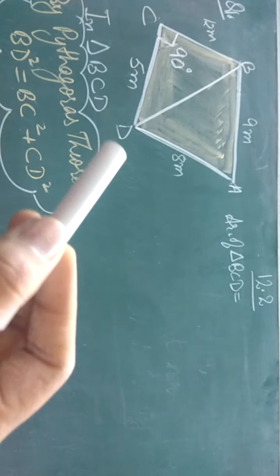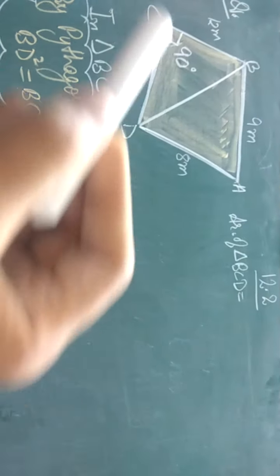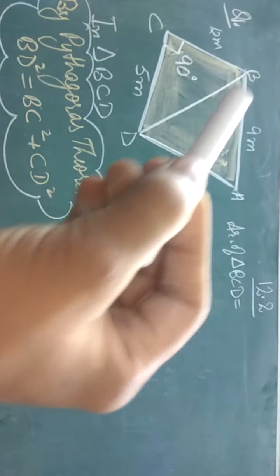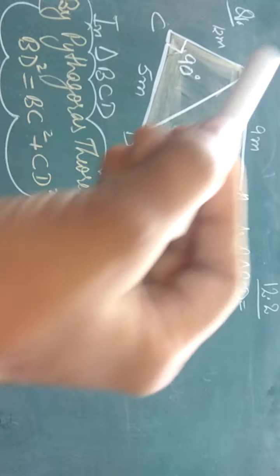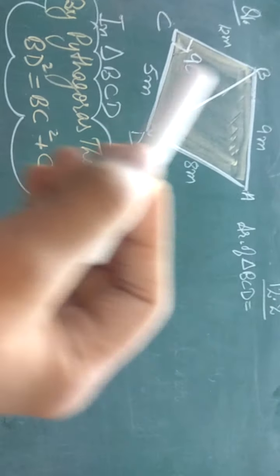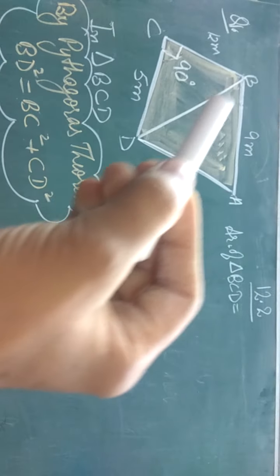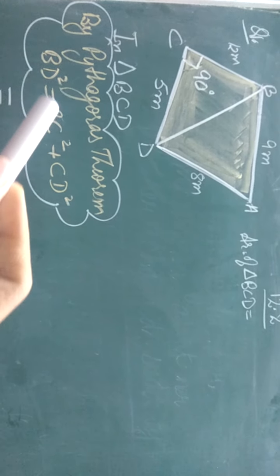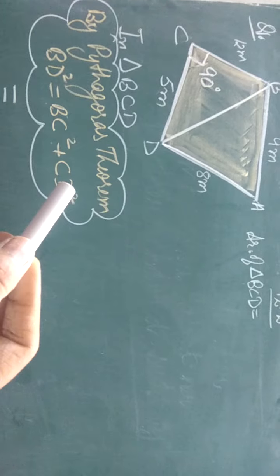Now we can join two diagonals. One option is BD and other is AC. Why are we joining BD? Because by joining BD we'll get a right triangle BCD. By using this triangle, we can get the length of the diagonal by using Pythagoras theorem.